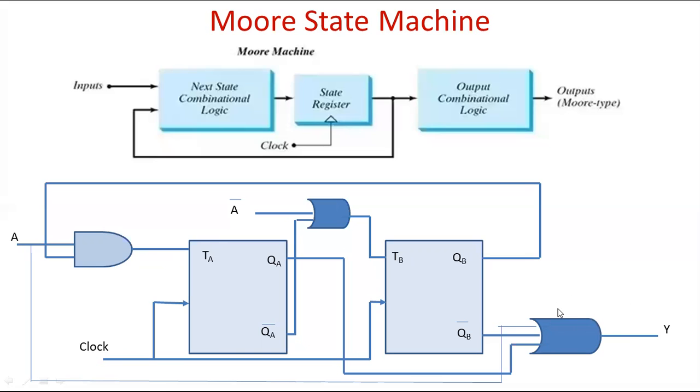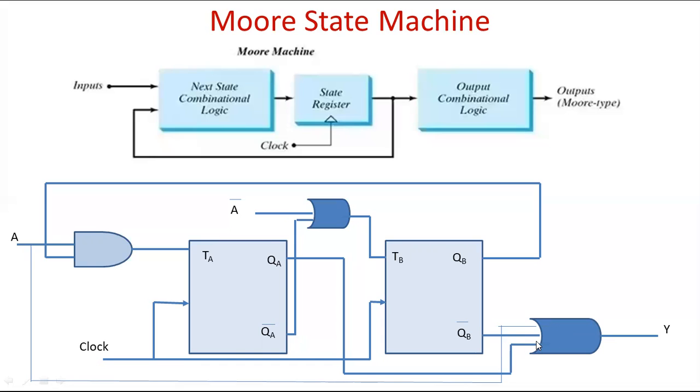Now we have to find out the value of Y. The value of Y depends on two factors. If you look clearly, one factor is QA and the other factor is QB bar. These two are the inputs to this OR gate, and the output Y is the output from this OR gate.